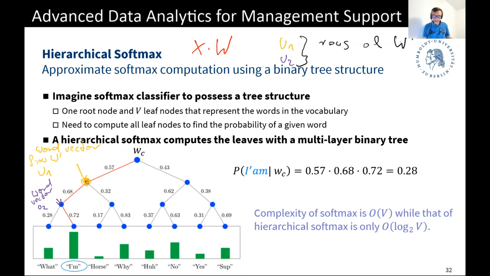And if you now imagine we do that for all the words in our vocabulary, we carry out these multiplications, well, then adding up all these probabilities will give you the value of 1 in the end, because the total probability is just decomposed with every level that we walk down in our tree.